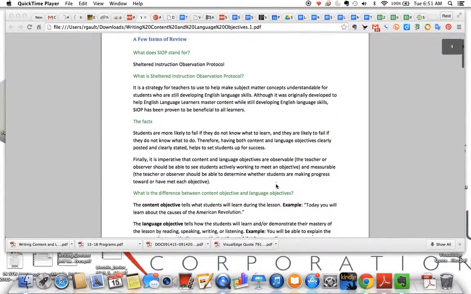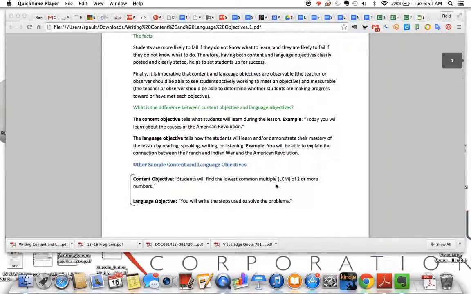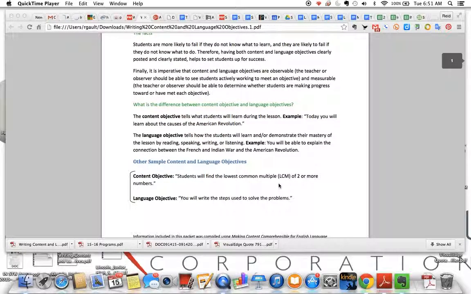So what is the difference between content and language objectives? Content objectives tell students what they will learn during the lesson. Example: today you will learn about the causes of the American Revolution. And then the language objective tells the students how they will learn or demonstrate mastery, and that is by reading, speaking, writing, or listening.